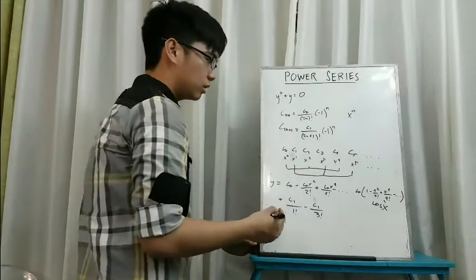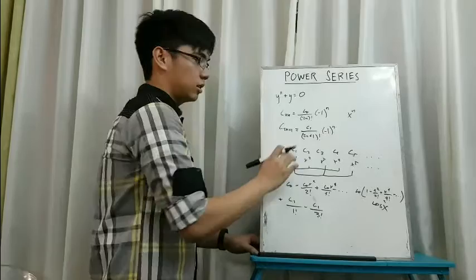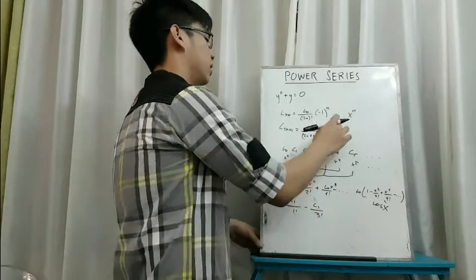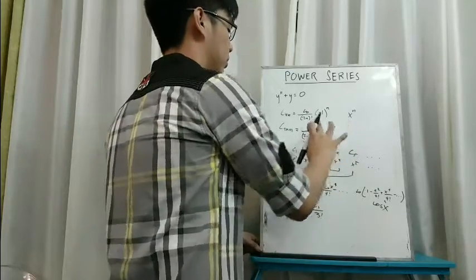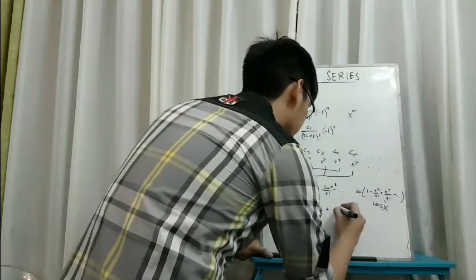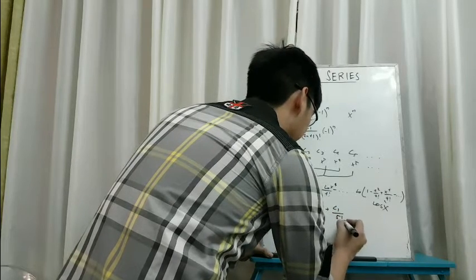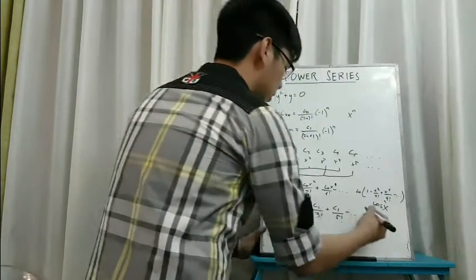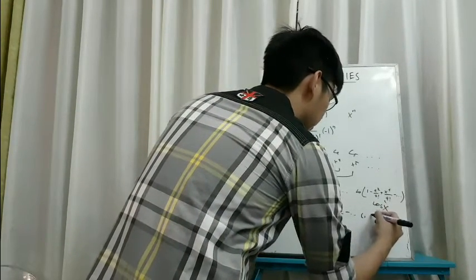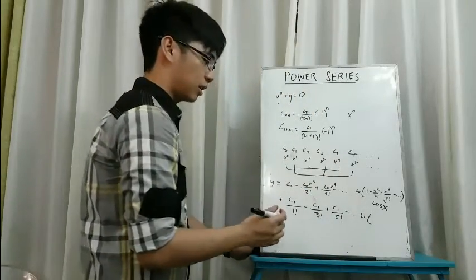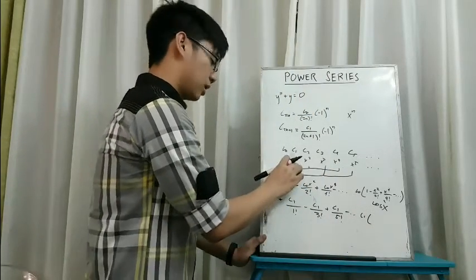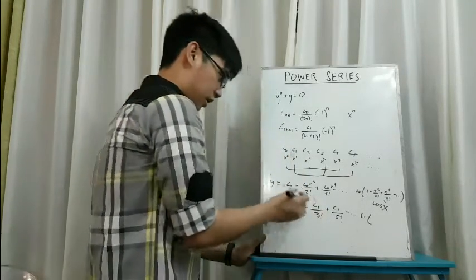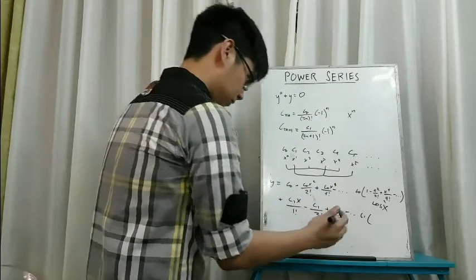Okay, let's plug in 2. So this would be C5. It would be equal to C1 over 5 factorial. And this would be negative 1 squared. This would be 1. So that would be C1 over 5 factorial, minus that. Okay, factoring this out again, C1. Okay, wait. Remember this is C1. Our x here is raised to 1, so let's put x here. This is C3 x cubed.